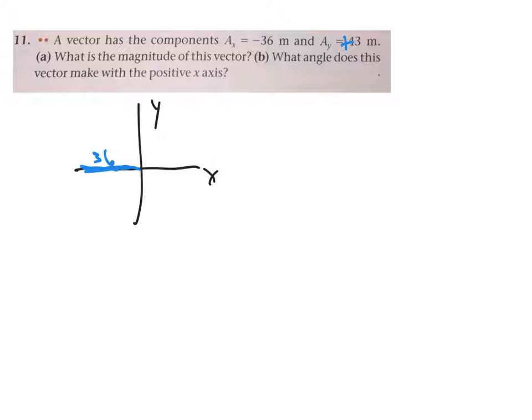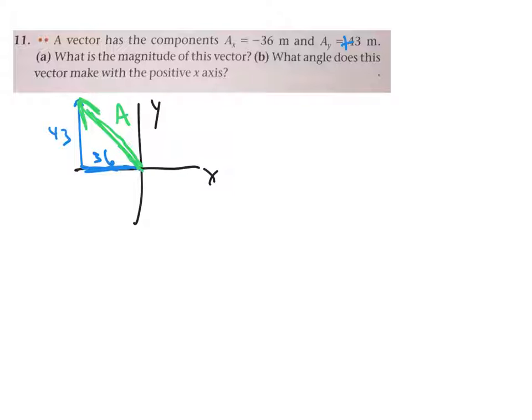And so it goes up a little bit more than it went over. And we get that. But what we're looking for, of course, is the length of this thing. That's the vector, the thing in green, which I'm going to call vector, I guess, A, since they've already chosen ax and ay. And now it's pretty easy to go forward.